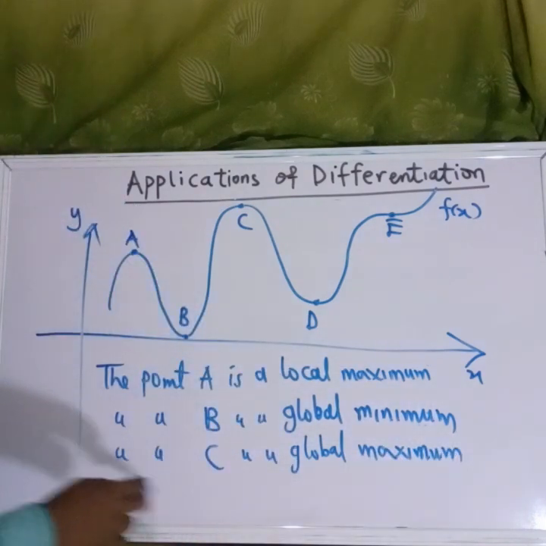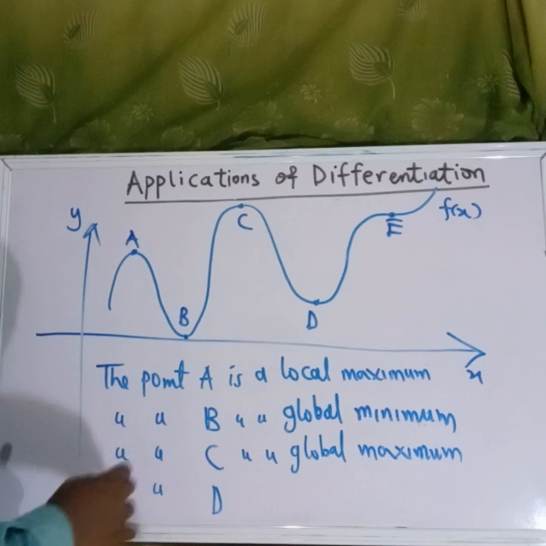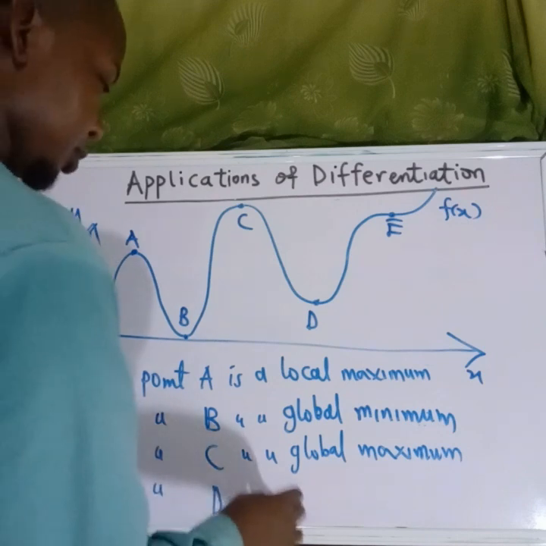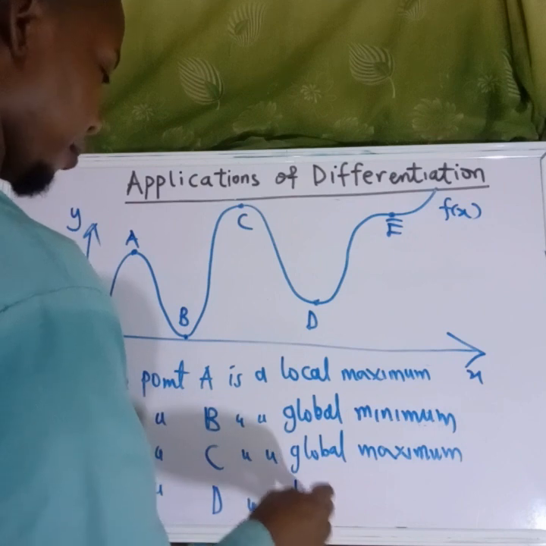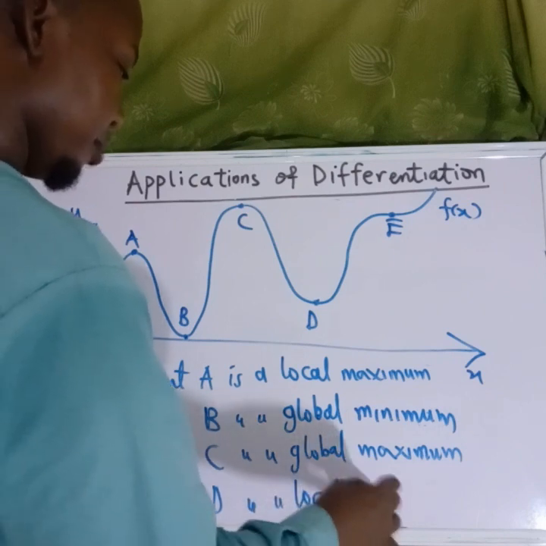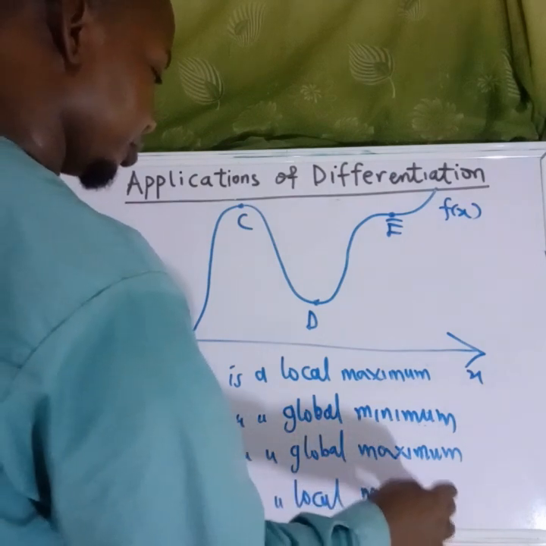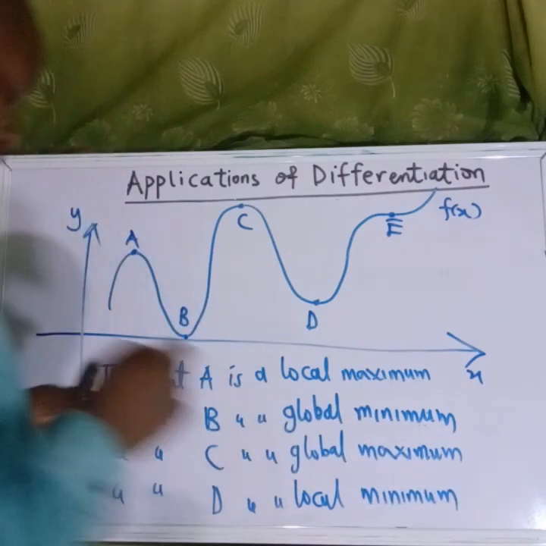And the point D is a local minimum. So these are what we have.